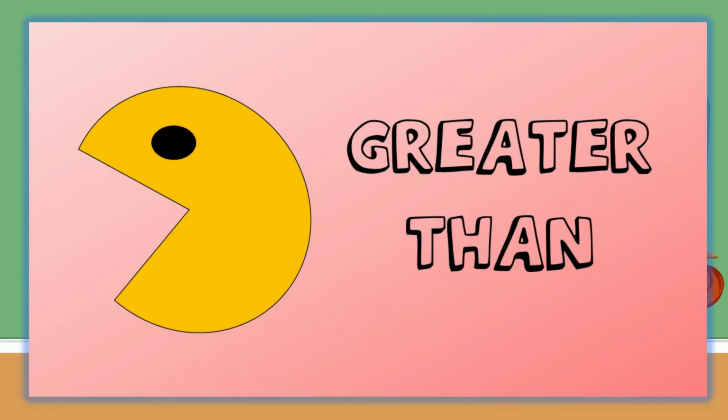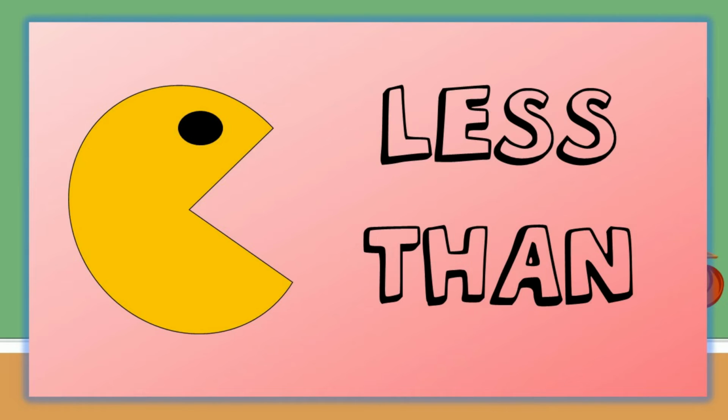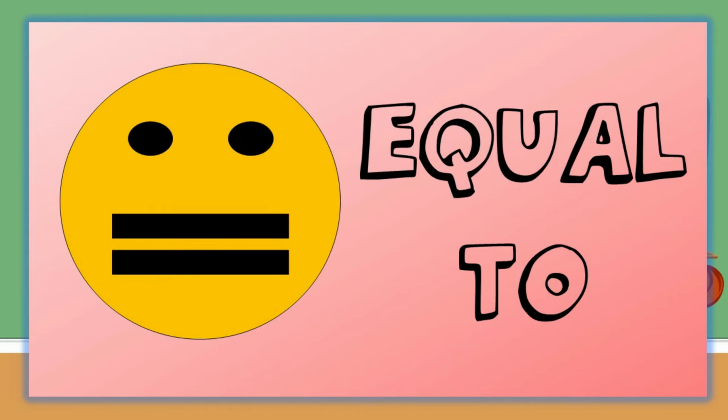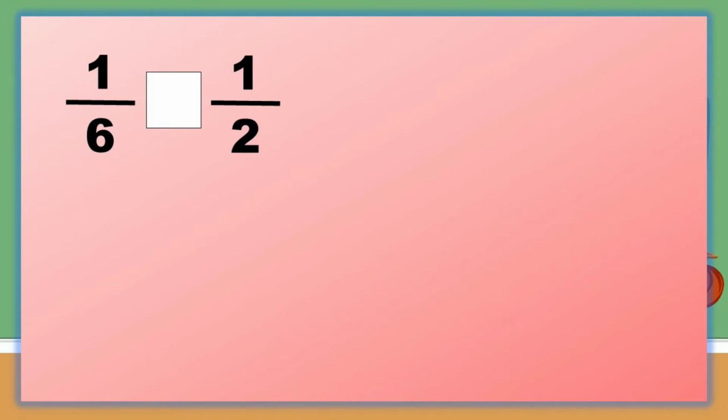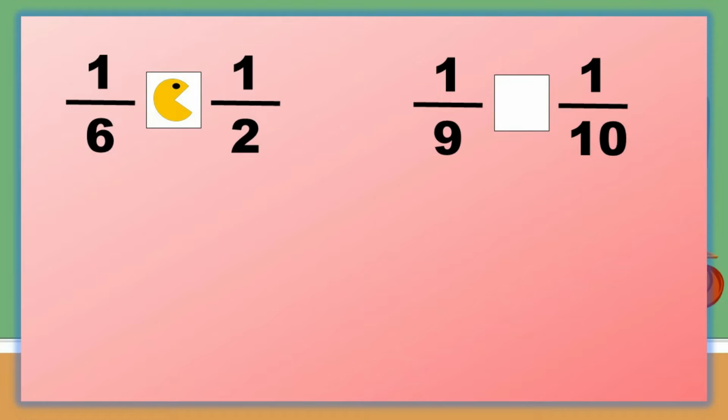Now, I will give you 5 examples and you're going to say if it is greater than, less than, or equal. The first one is 1/6 and 1/2. Is it greater than, less than, or equal to? Good job! The correct answer is less than. The second one is 1/9 and 1/10.